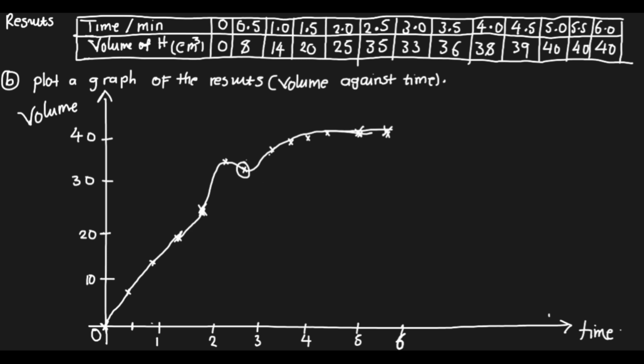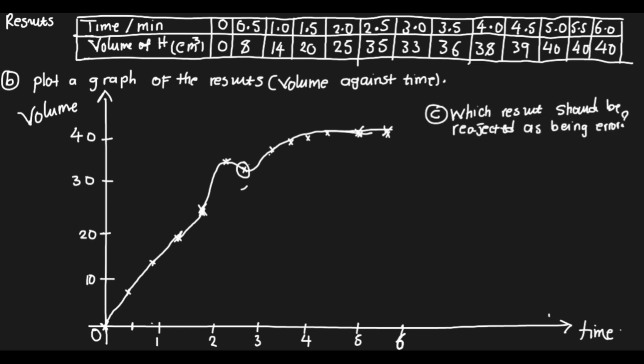Now this point here has an explanation. The actual point was supposed to move in this direction like this. So we move on to question C. Which result should be rejected as being an error? The result that should be rejected as being an error is this point here.